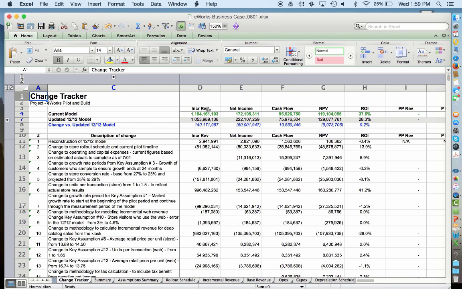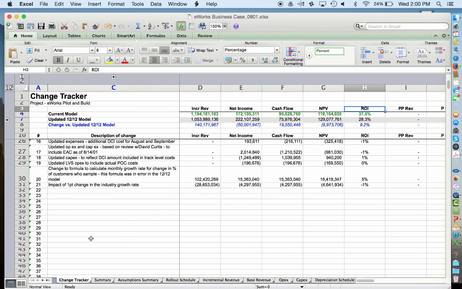Every single time we made 21 major changes in a 3-month period, we would update the assumptions and then present to him, hey, here's how the financial model changed.